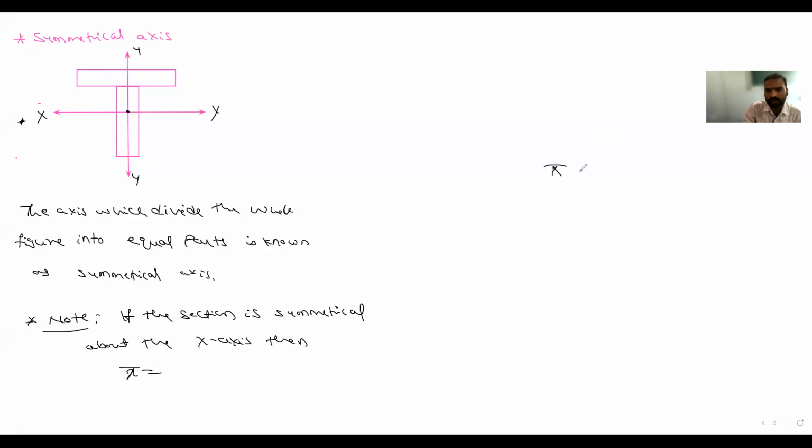In the last class I have taken them. x bar is equal to summation of a into x divided by summation of a, and y bar is equal to summation of a into y divided by summation of a. So if the section is symmetrical about the x-axis, then x bar is equal to summation of a into x divided by summation of a, and y bar is equal to 0.